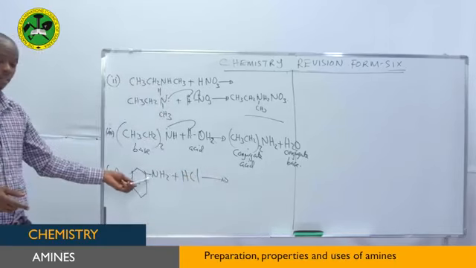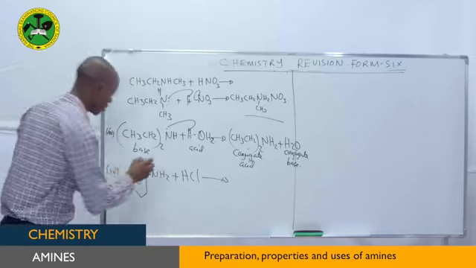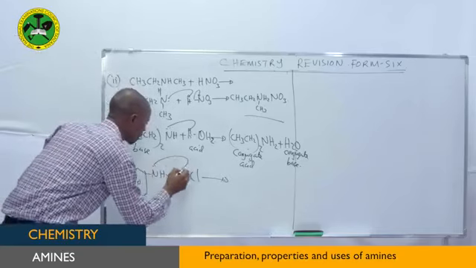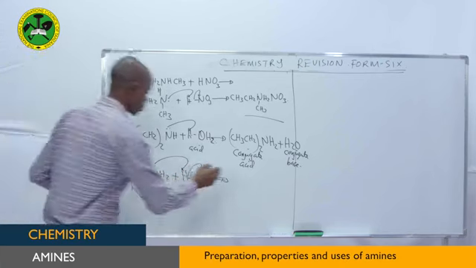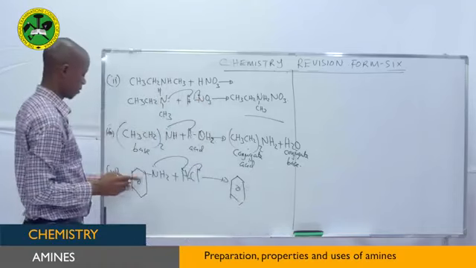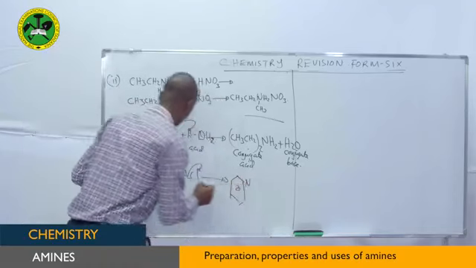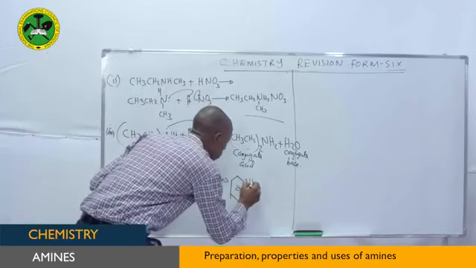This phenylamine or aniline has a lone pair. So this one will attack this proton and this electron will move towards there. So here we are going to have this compound. This proton will be welcomed here to make 3 hydrogen atoms.